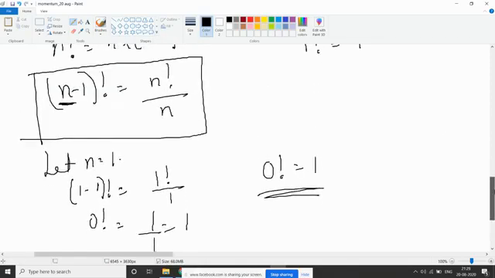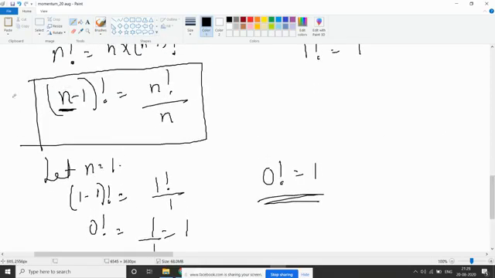And from here you can also prove why factorial of a negative number does not exist. The smallest negative integer is negative 1. So to get negative 1 you need to substitute 0 here, right? Let n equal 0.